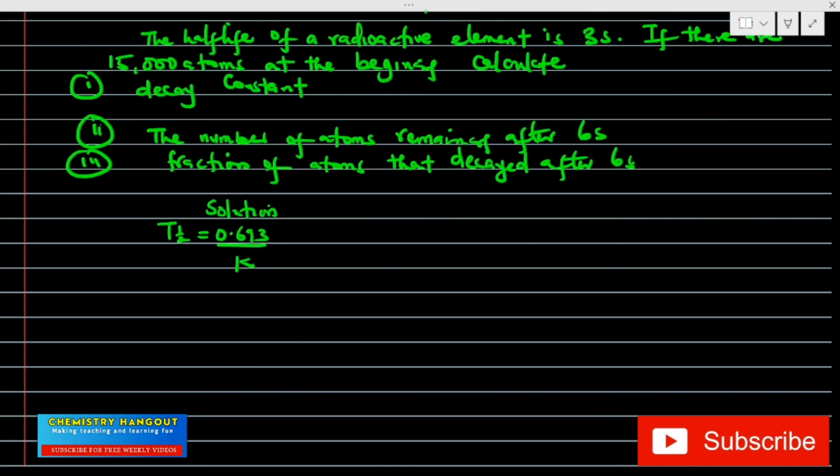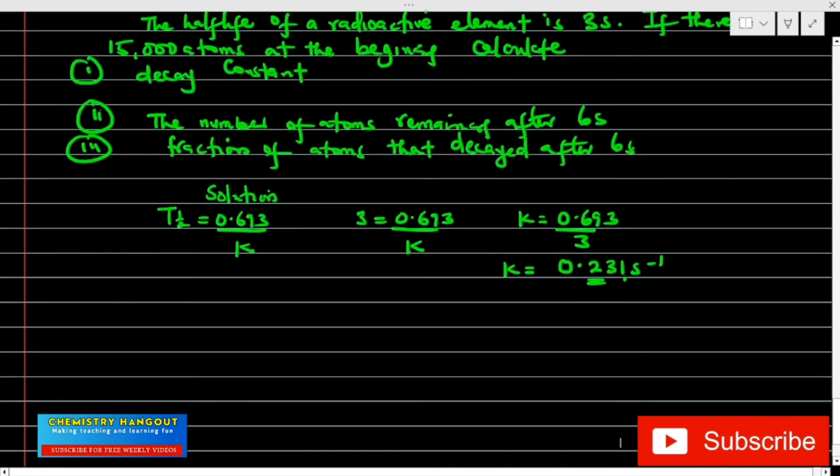So 3 is equal to 0.693 over K. So our K becomes 0.693 over 3, which is 0.231 per second. That's our decay constant. Very clear, right? Okay, let's move on.